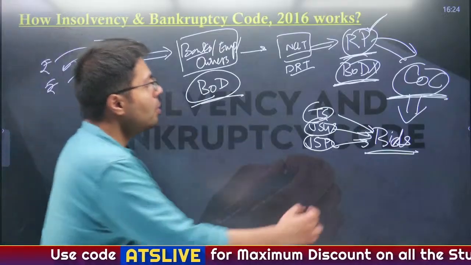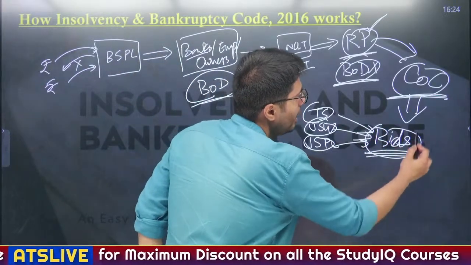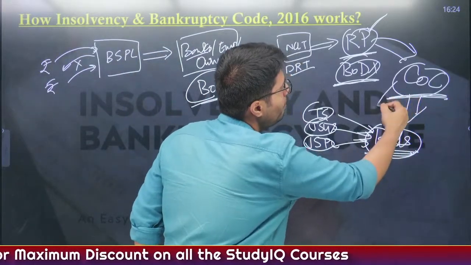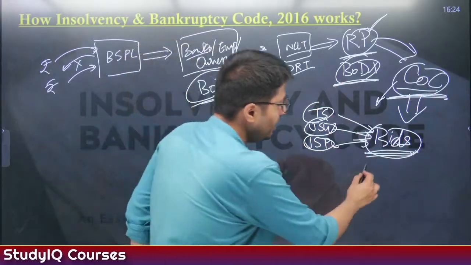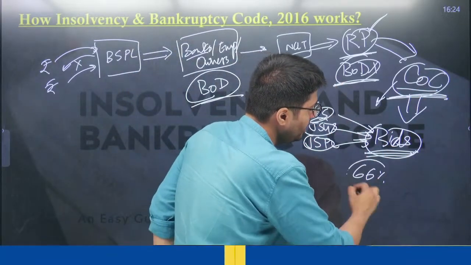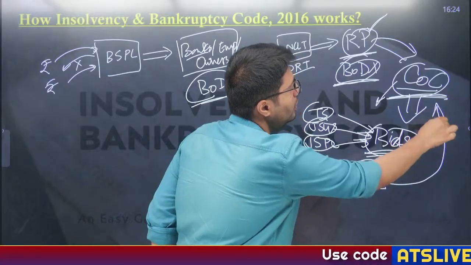Okay, so these bids will be voted upon by the committee of creditors, and to pass any bid, it requires a voting percentage of 66% of the total committee of creditors.